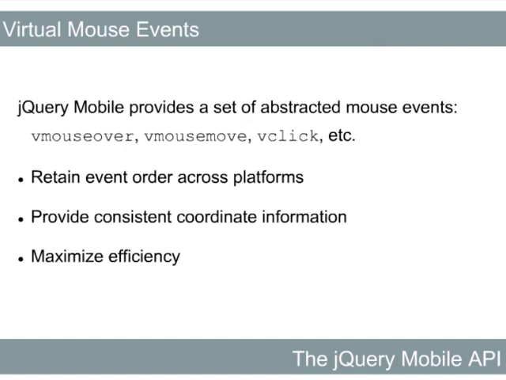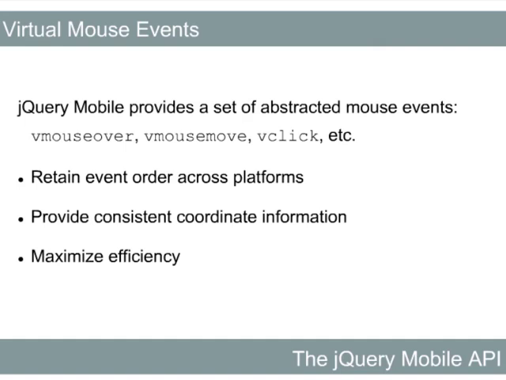So there's event order issues. How each individual platform synthesizes its individual events can be a little different, and even different from version to version and so forth. So anyway, these events provide a way to gloss over all of those problems, and you can bind to these just like you would anything else.